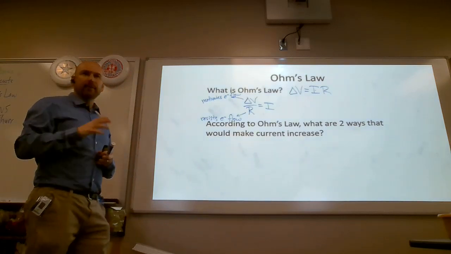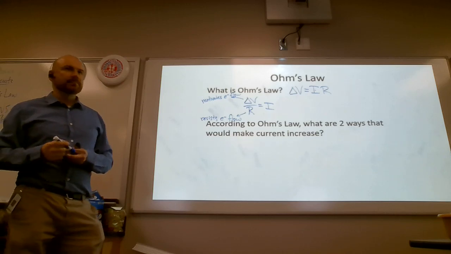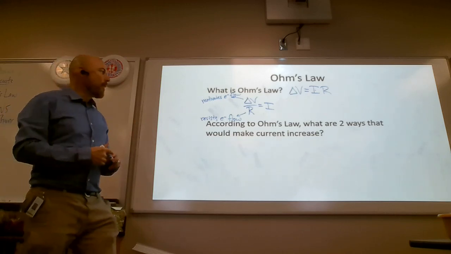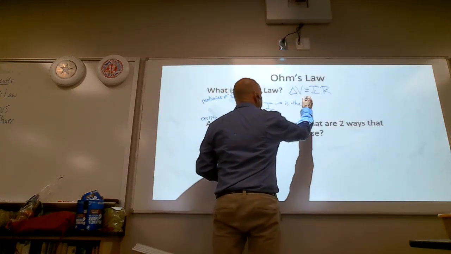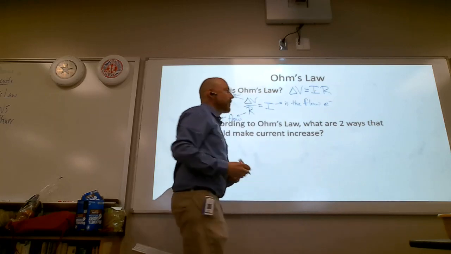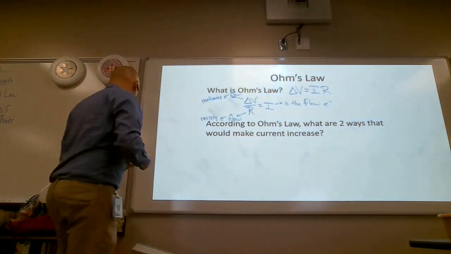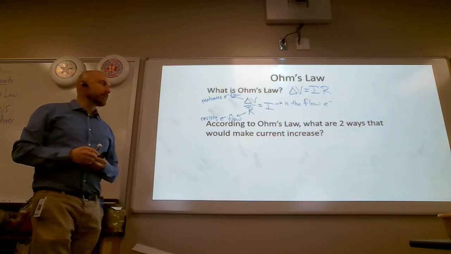Do you see the conflict of interest here? The battle that goes on. It's like, come on, like, whoa. The result of that battle is current. So is the flow of electrons. Okay, the result of that battle.